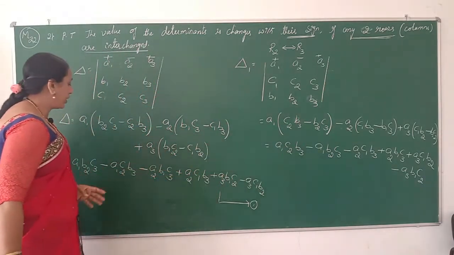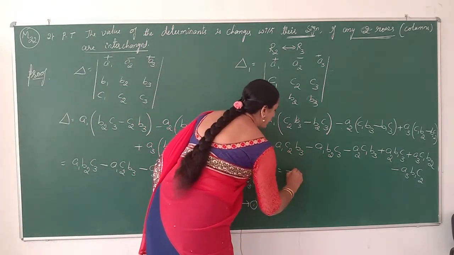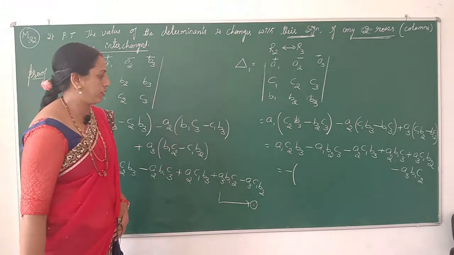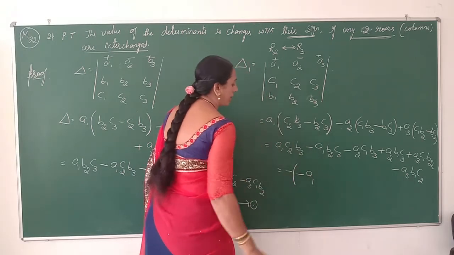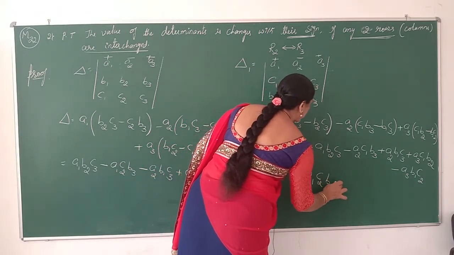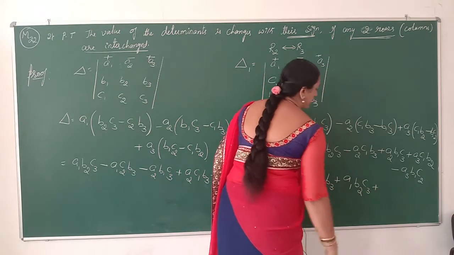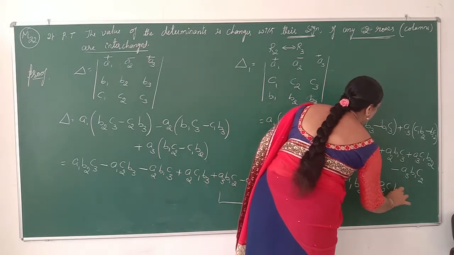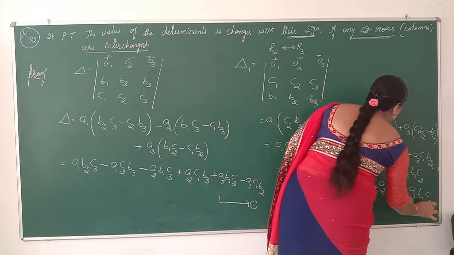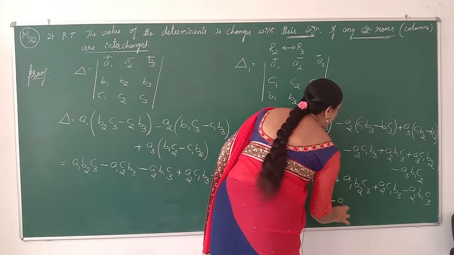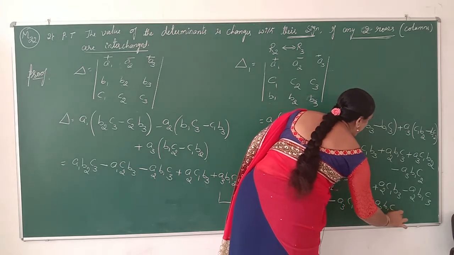So comparing these two equations, all the values of that expansion have changed their signs. Therefore, taking minus as a common factor, these elements can be written as minus A1 C2 B3 plus A1 B2 C3 plus A2 C1 B3 minus A2 B1 C3 minus A3 C1 B2 plus A3 B1 C2.